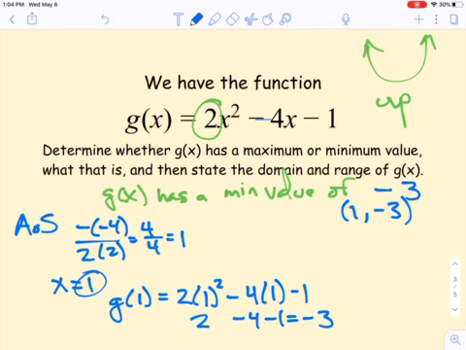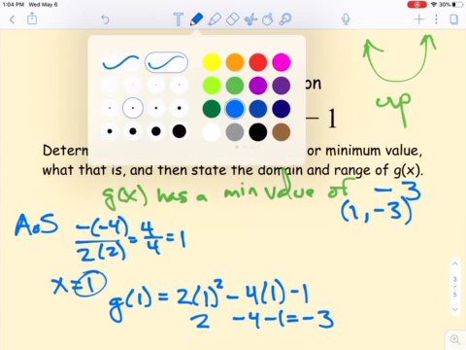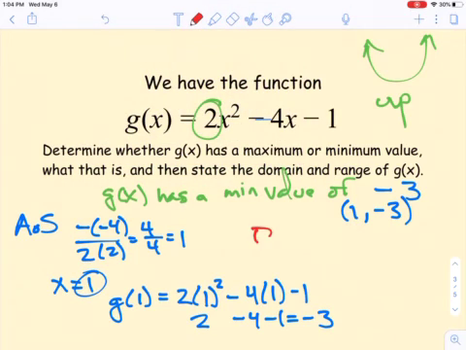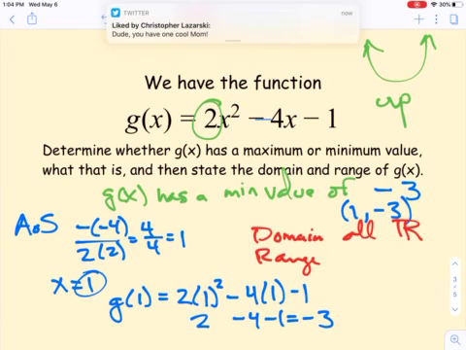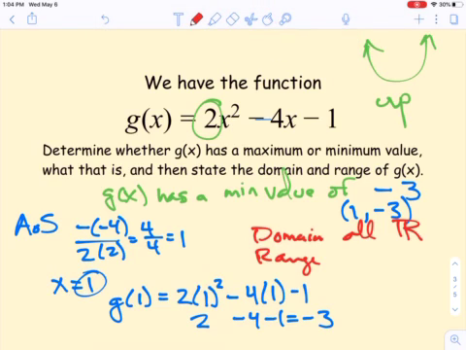And then when you look at what's your domain and your range, your domain will be all real numbers, and your range is going to be your y values, right? Sorry, you're looking at my Twitter feed here. Your y values such that, I don't know what happened there.